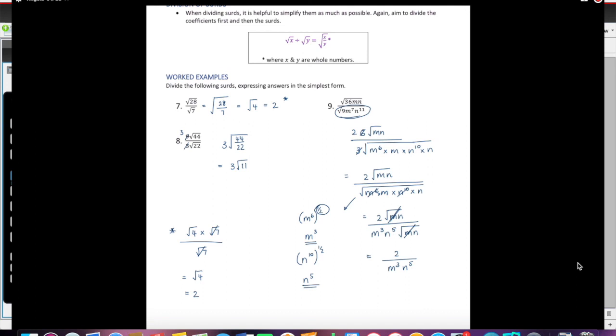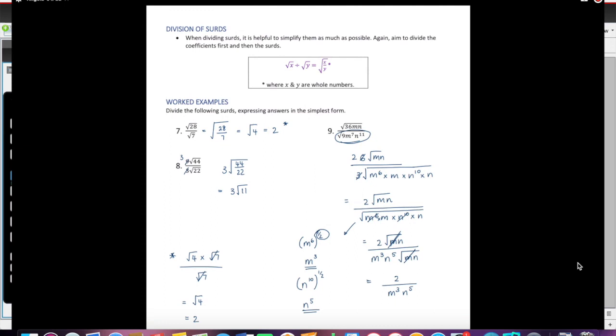It's just an alternative way of writing it. So when I did that, it was a lot easier to deal with. I was able to apply my index skills here to simplify that, and I was left with m to the power of 3. Same deal here with n to the power of 10 to a power of a half. That was able to nicely simplify to n to the power of 5.